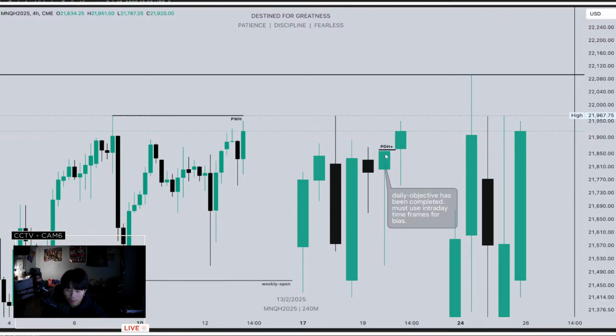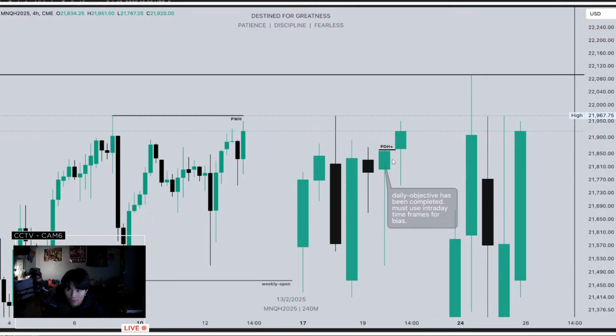So once we complete the daily objective, I can no longer use the daily candle for a bias anymore. So it's like rinse and repeat. These concepts are applying, or present, every single day, right? So because we completed the daily objective, I can't use the daily candle anymore for some sort of bias.